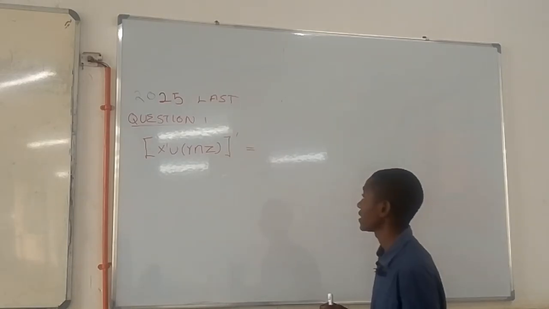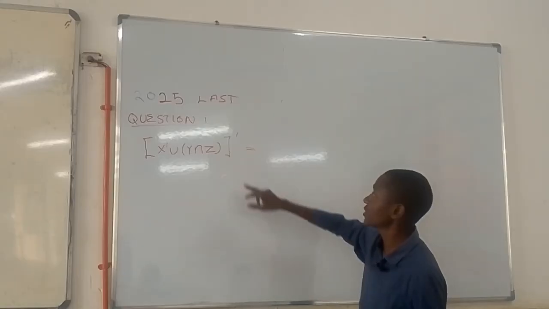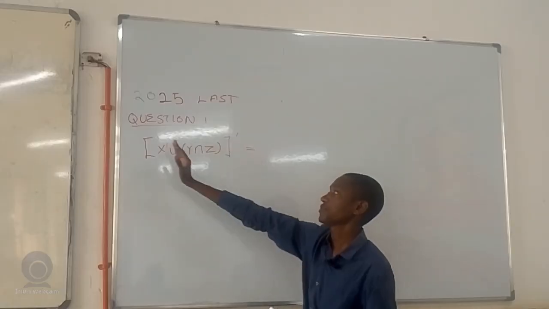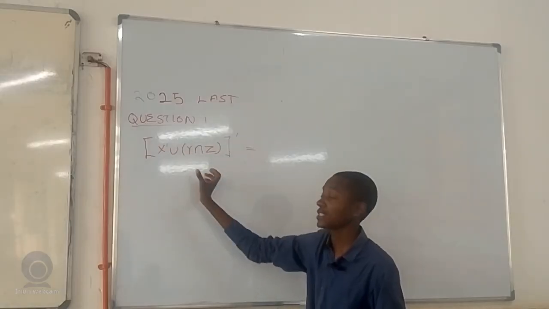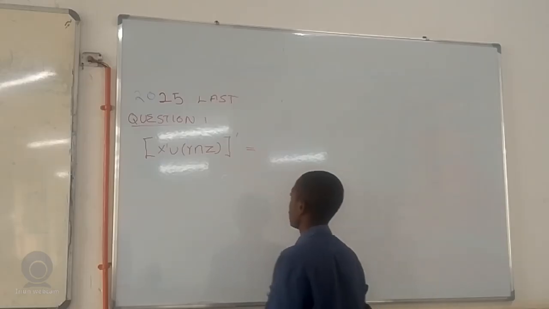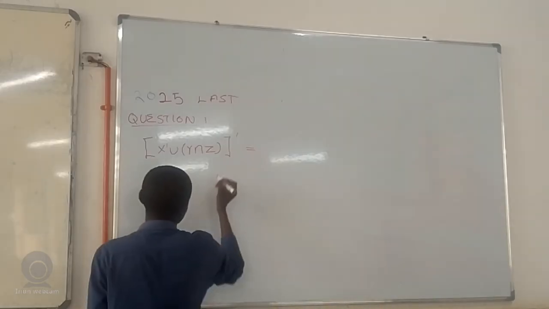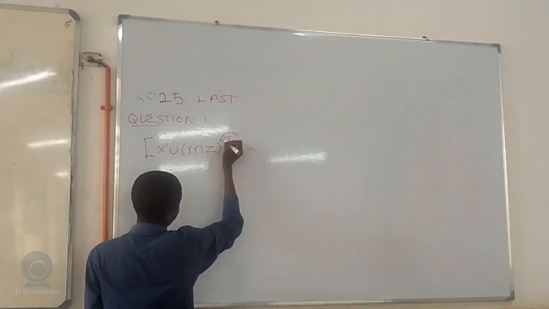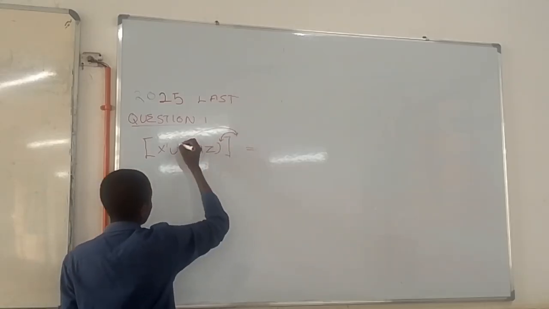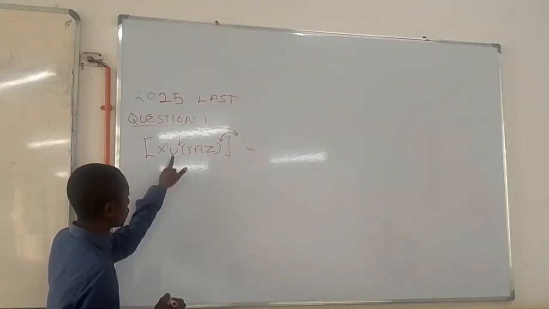How do we simplify this? Firstly, we need to deal with the complement that is outside, right? We need to distribute it to what is inside these brackets. So the complement jumps in and interacts with the union.